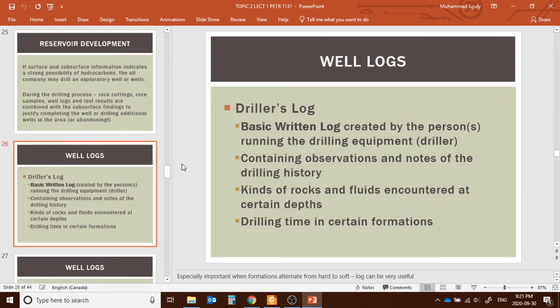We have the driller's log, which is the basic written log. It's created by the driller. We don't use much machinery. We just drill and write down, for example, that we find fluid after 50 feet, and we drill more and find igneous rock after 80 feet. These are the driller's logs, and this is very basic.